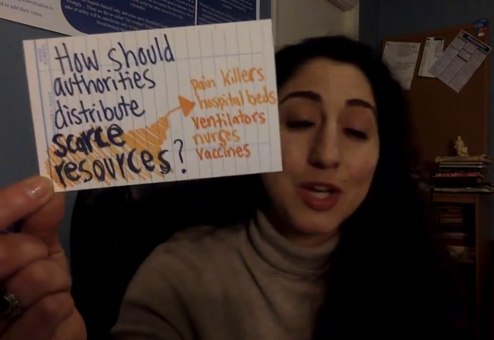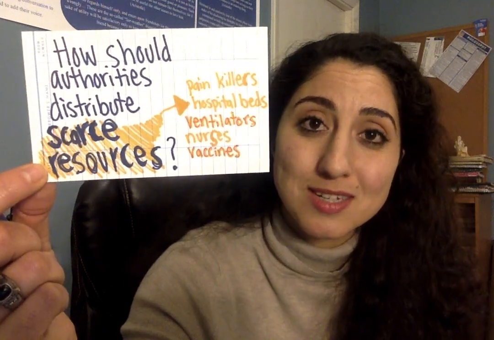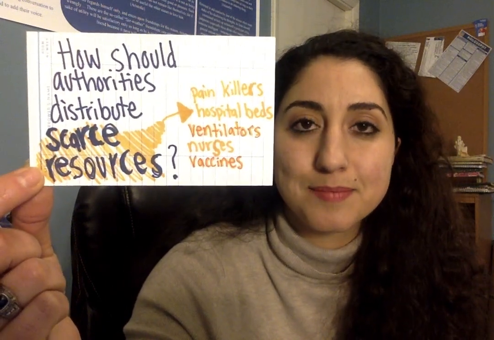You've got 5 people who need a nurse right now, and you've got 1 nurse. How do you use his time? The nurse is a hot commodity. That's a scarce resource. Who gets to be seen by a registered nurse during a pandemic?